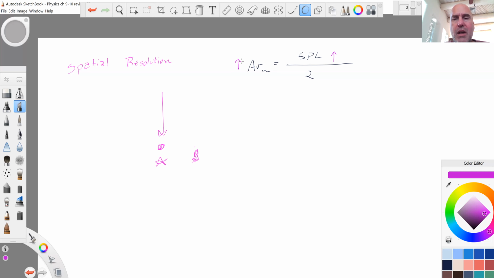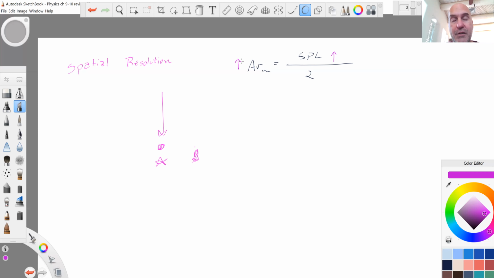So spatial pulse length is increased because we just said, if there are more cycles in a pulse, your spatial pulse length will increase.